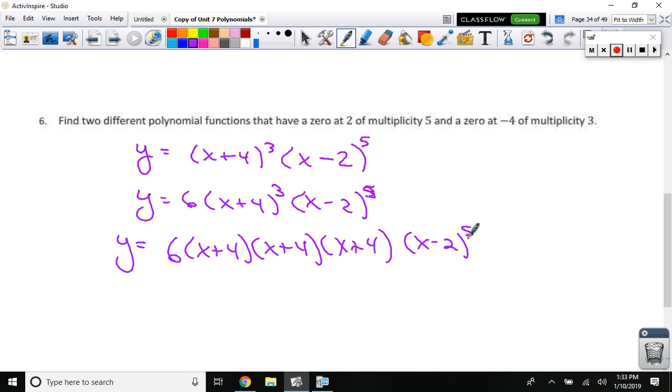In that situation, the 6 would go to the x, but it wouldn't go to these. That's why you can't do it here. Because it's not going to these, it's only going to that. That's why you can't distribute here. You've got to do this first. Okay? What else?